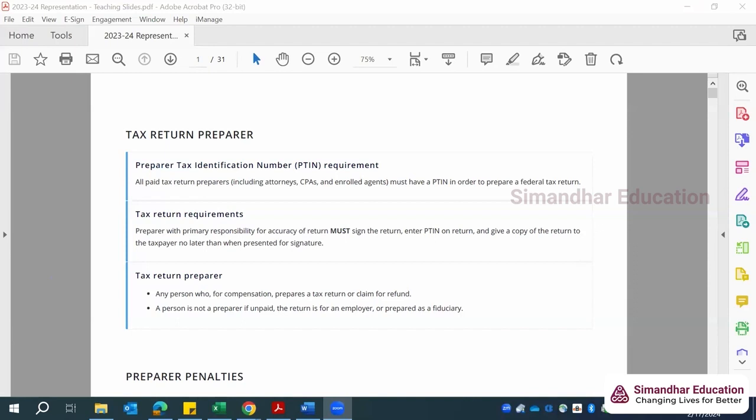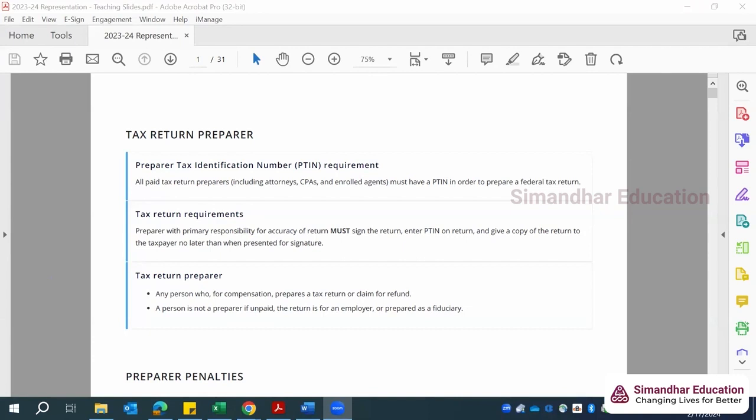On the return itself, there will be information for you to enter your details, the ERO details, your PTIN number, and you will also have to make sure that you are giving the original copy of the return that you're going to file to the taxpayer when you are presenting that return to the taxpayer for their signature.